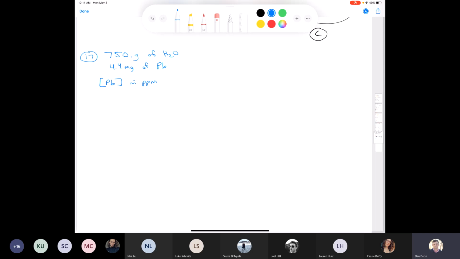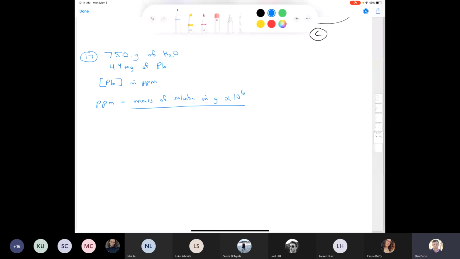Well, this is just going to simply force you to recall parts per million is the mass of the analyte or the solute. Okay, maybe I'll change it to mass of solute. That might be better. The mass of the solute in grams times 10 to the power of 6, right?